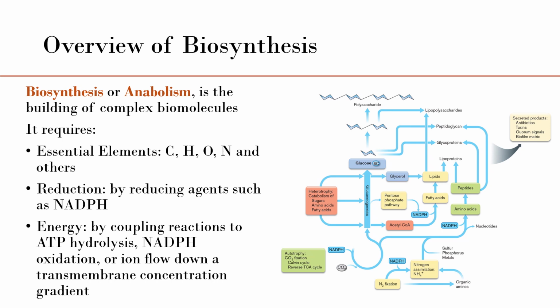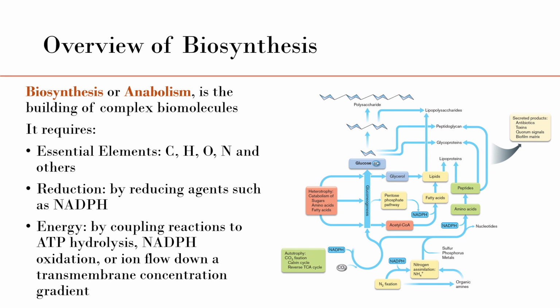Anabolism takes molecules, uses energy, and brings them together to build a lot of our polymers, like fatty acids, like DNA, like our proteins, things like that. So, another word for this is biosynthesis. We're synthesizing or making the molecules of life.